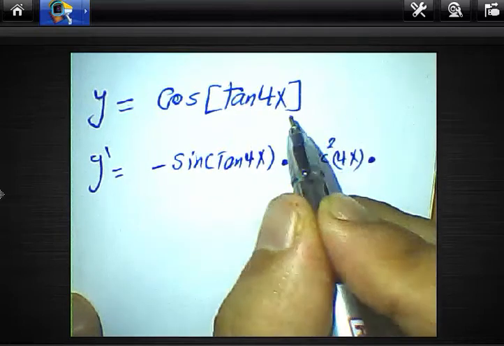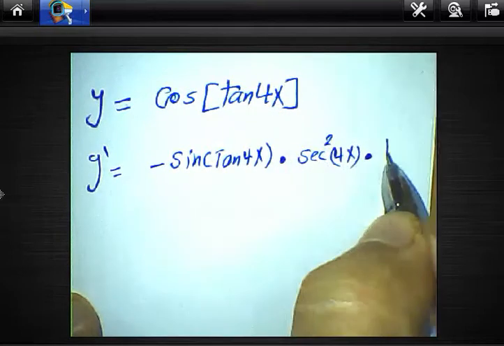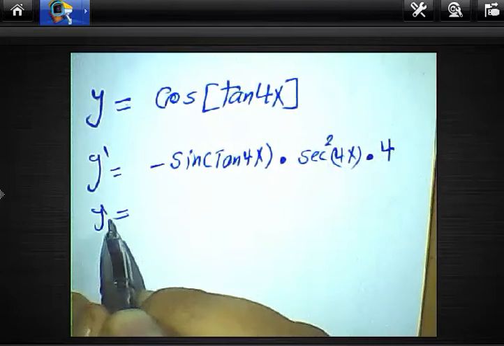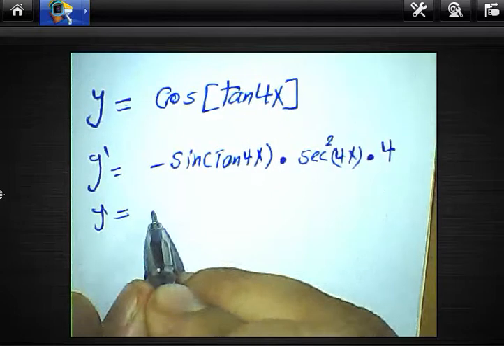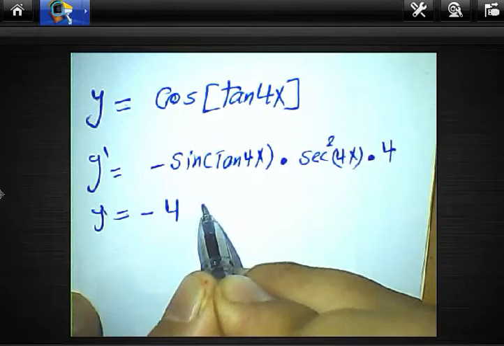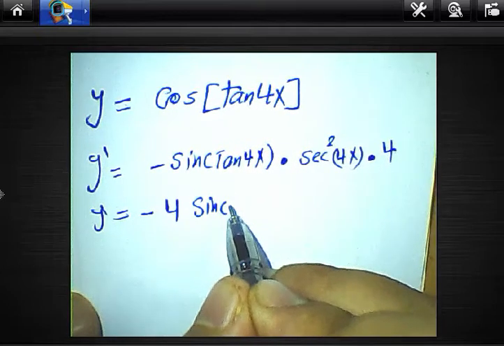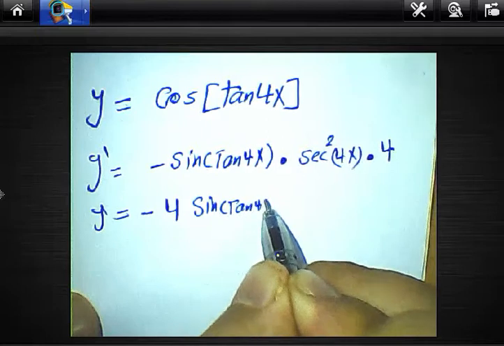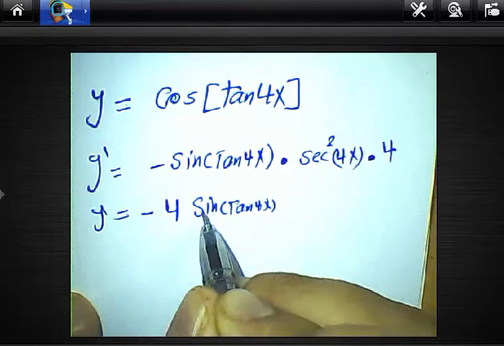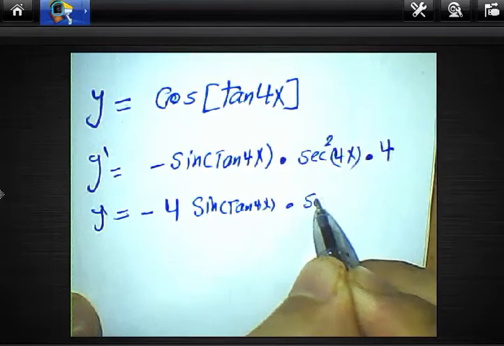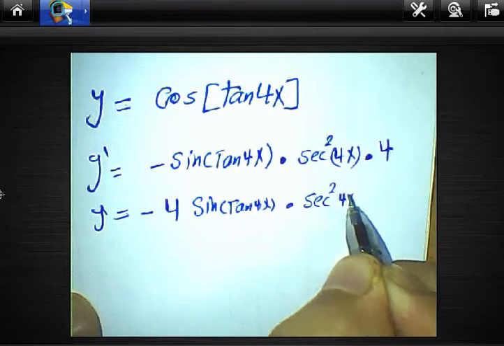Multiply by the derivative about the angle here, 4. So we can write y dash equal negative 4 sine angle tan 4x. Okay, multiply by sec power 2 of 4x.